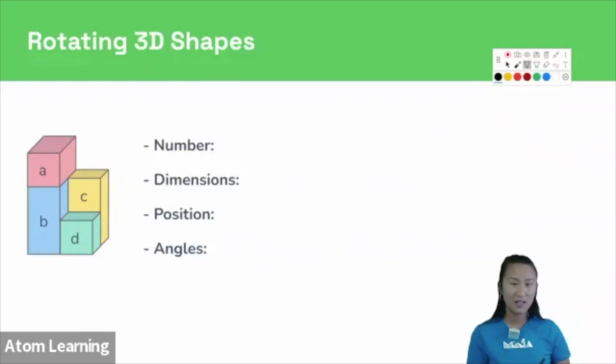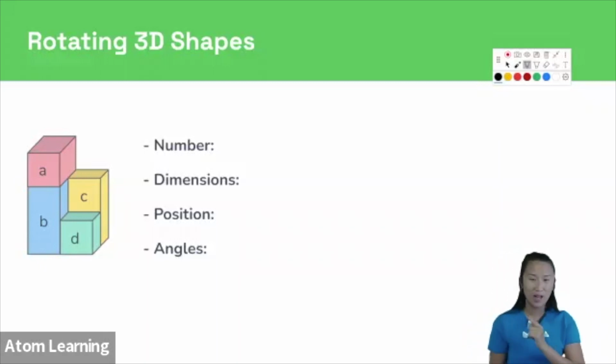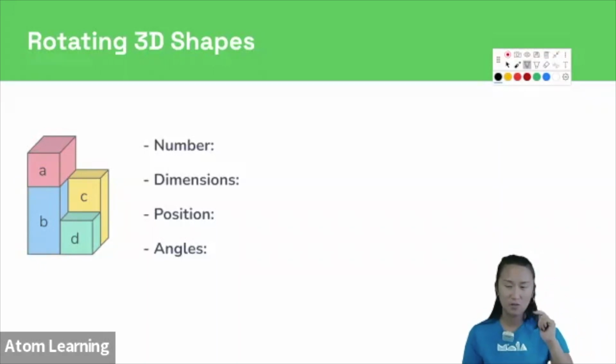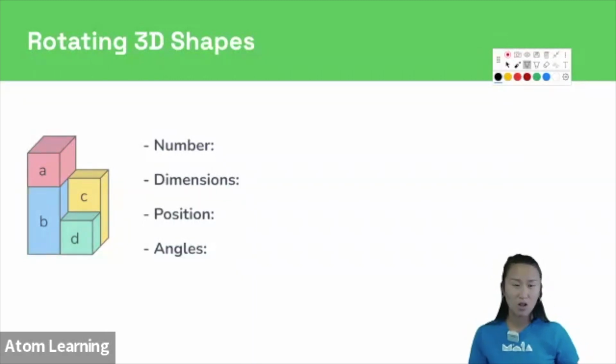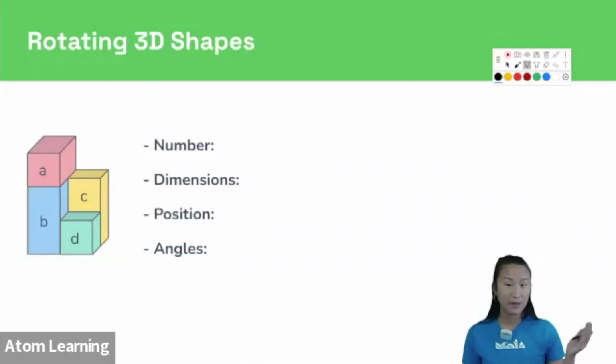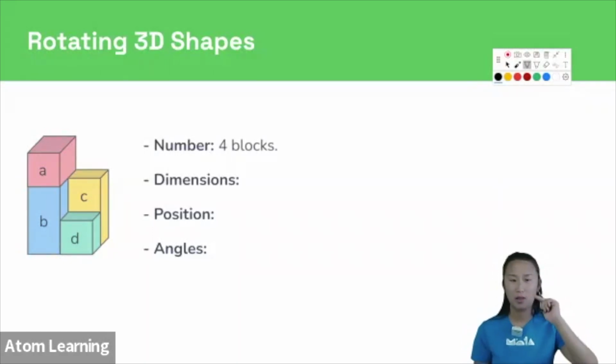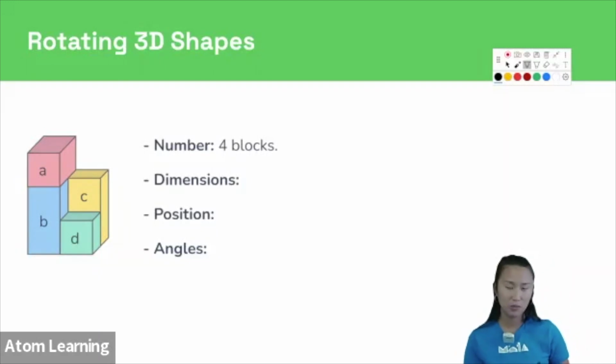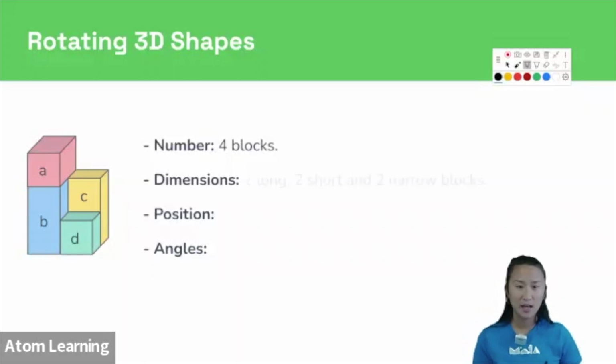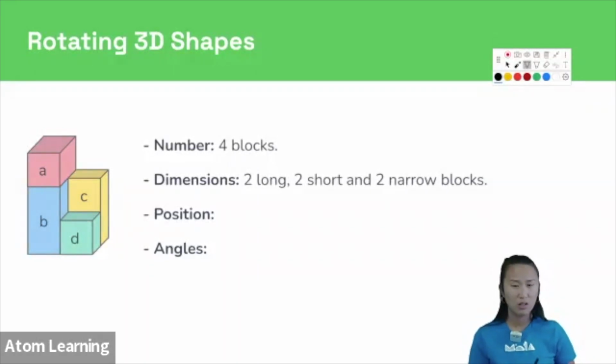Okay, so with our example on the left, where we've labeled each of the blocks A, B, C, and D, if you start off with number, how many blocks are there? Well, there are 4 blocks. There's the pink, the blue, the yellow, and the green. 4 blocks in total. Now thinking about dimensions, we can see that there are 2 long, 2 short, and 2 narrow blocks.